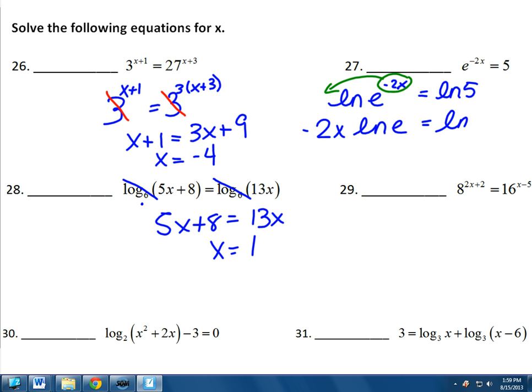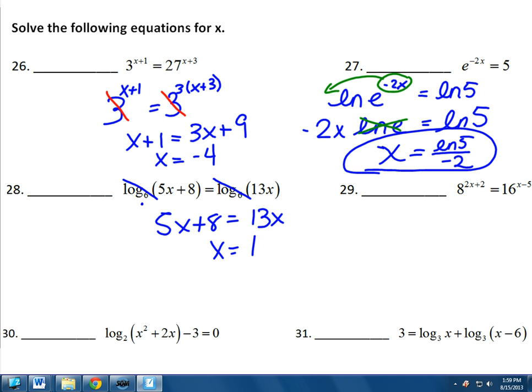And this is kind of a cool trick because remember before when I said you just kind of need to remember that natural log of E is 1? This is like times 1. We can ignore it. So now we have that negative 2x equals natural log of 5. So x would equal natural log of 5 divided by negative 2. And actually I'm going to leave it there. You can find an estimated answer, but you could also leave it.